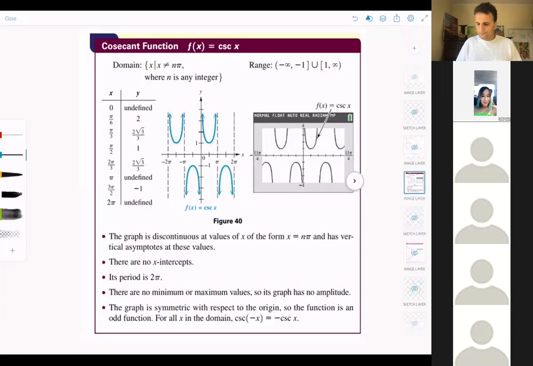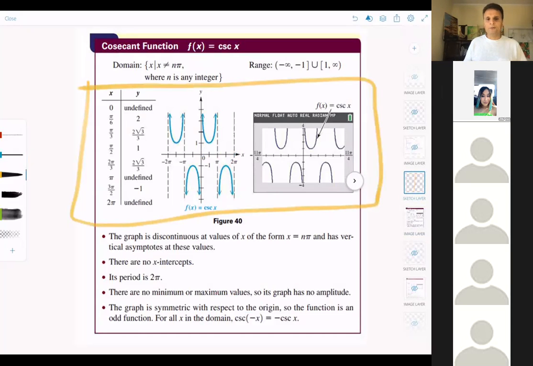Graph of cosecant is the reciprocal of sine. The graph of sine was like this. At this point it is 0, but if you put 0 in 1 over 0, it goes to infinity. So that's the graph of cosecant.